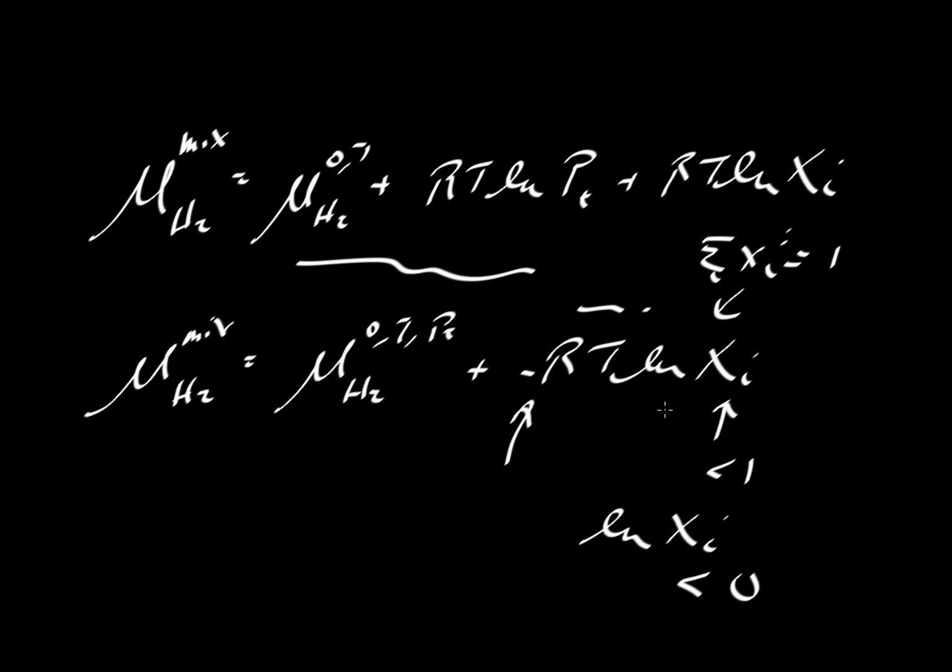And so anytime you contaminate some pure stuff with some kind of material and you have this mole fraction Xi, we will always reduce the chemical potential of that stuff in the mixture. So making mixtures means that we reduce the chemical potential relative to something that is pure.